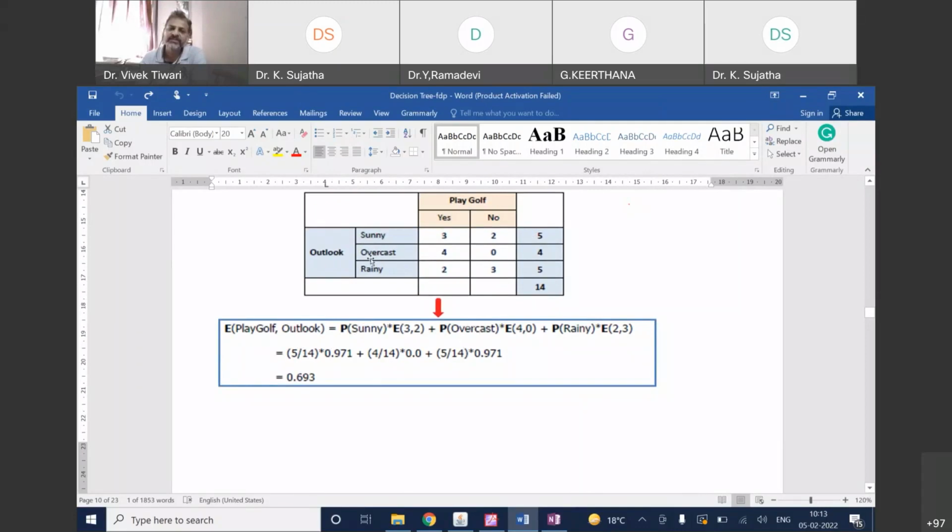Similarly for the next level, overcast or high or medium, whatever you want. The third one is rainy, or medium or high. You put in all the values, and the final value you get is called the entropy of that attribute: 0.693. You take 1 minute and try to see whether it is clear to everybody or not.